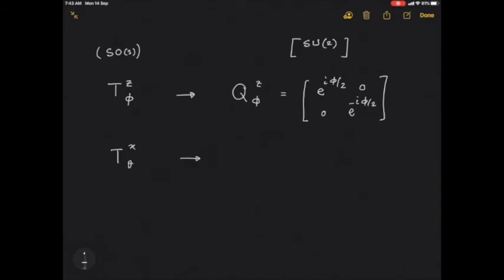So this is x rotation by theta. This in terms of Q will be as follows.